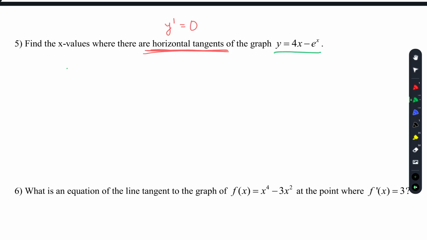Y prime equals, what would that be? 4 minus e to the x. Derivative of 4x is 4, and then derivative of e to the x is e to the x. Now I'm going to set it equal to 0. And then you do math.